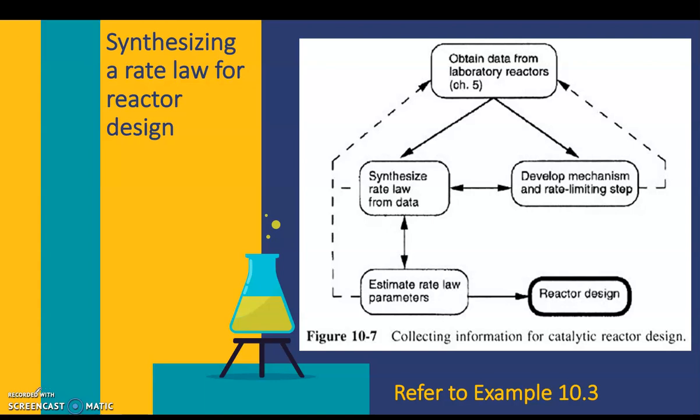So this is how you want to design a reactor. When you have obtained data from laboratory reactors, if you look into your textbook in page 689, there is Table 10.6, that is the reaction data.